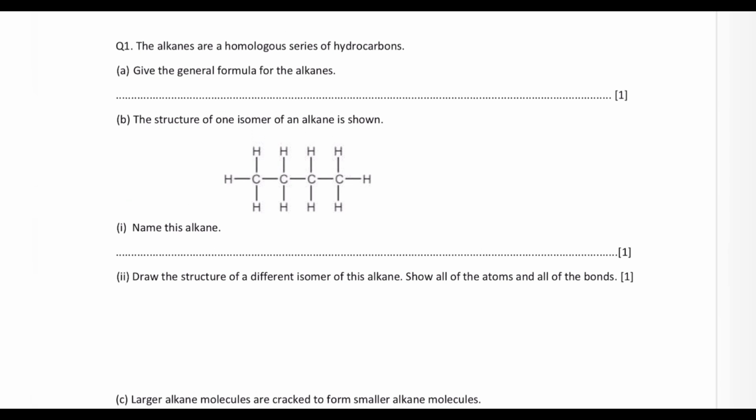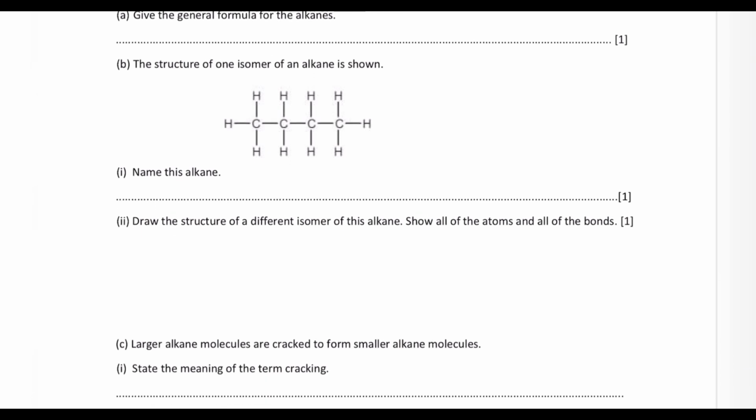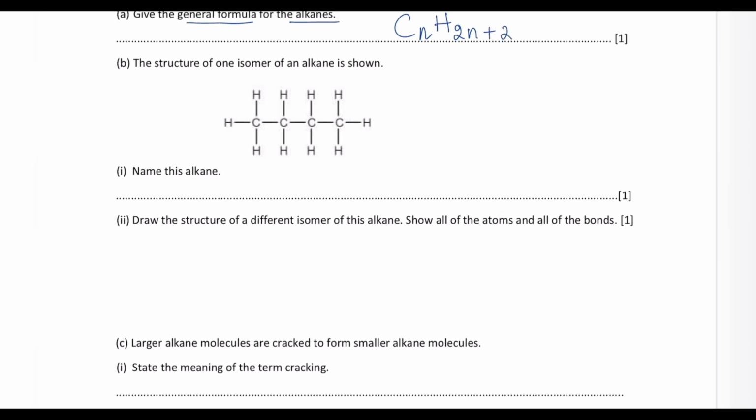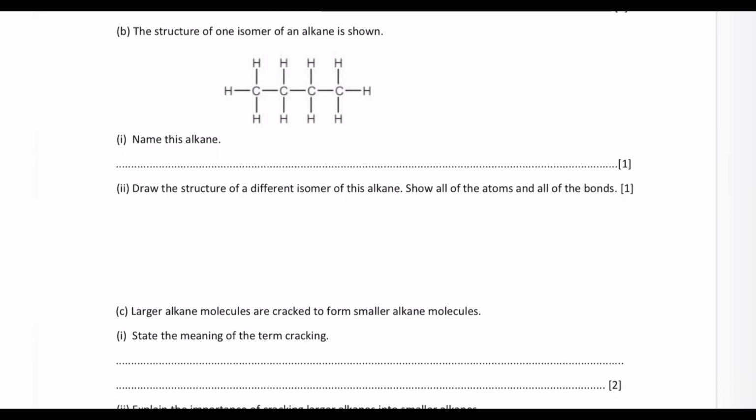Now we will solve some of the structured questions that come in paper 2. First question is, the alkanes are a homologous series of hydrocarbons. Give the general formula for the alkanes. So answer will be CnH2n+2. Next part is, the structure of one isomer of an alkane is shown.